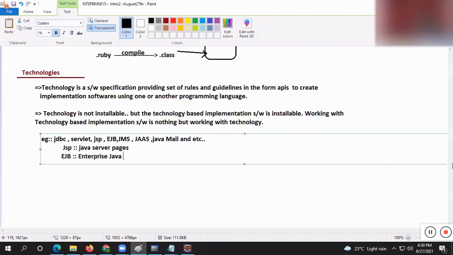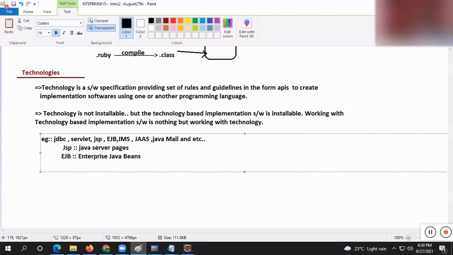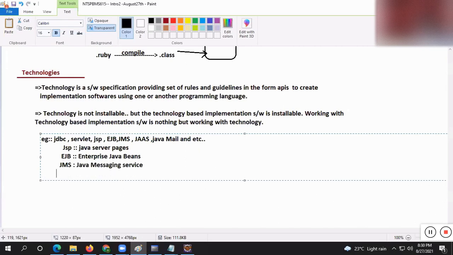Wherever abbreviations are there, I'll expand them. Don't worry. JMS is Java Messaging Service. JAS is Java Authentication and Authorization Service.